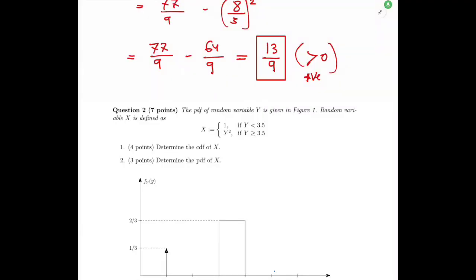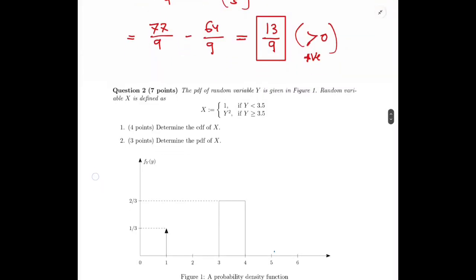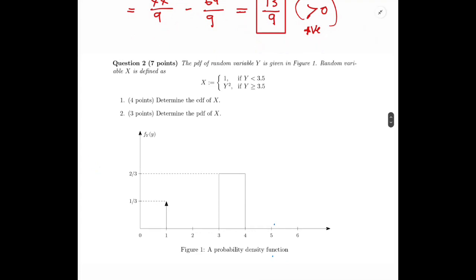Second question, it's a little bit complicated. We have given the probability distribution function of the variable y, and we are given the following transformation: the new random variable x is a function of y given by this equation.